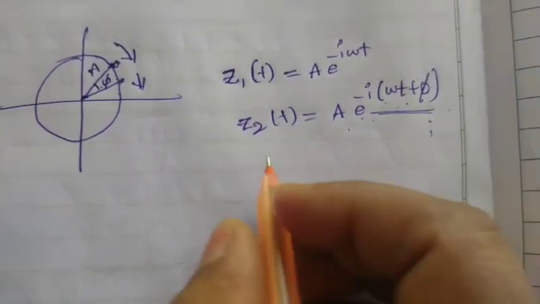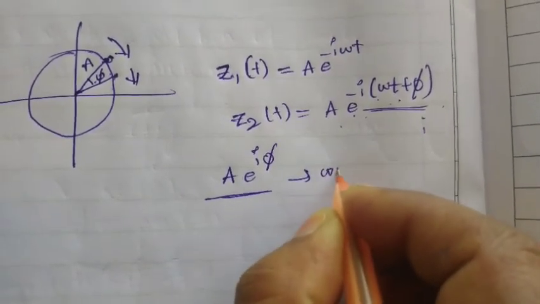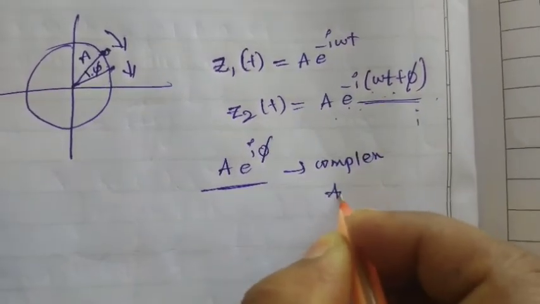Here a e power i phi is called the complex amplitude.